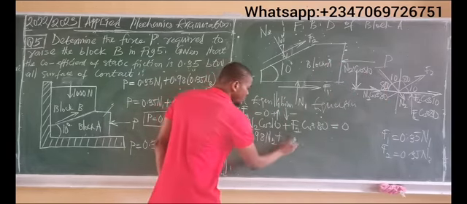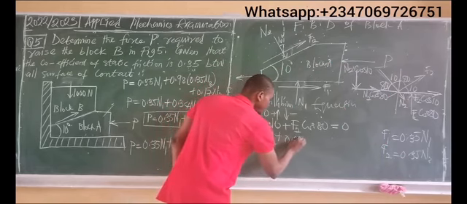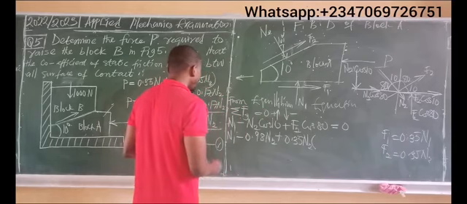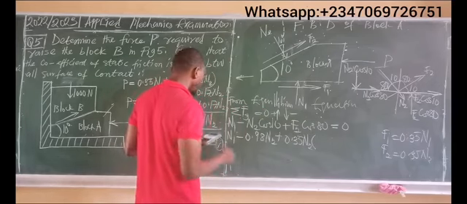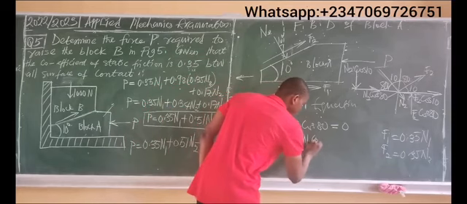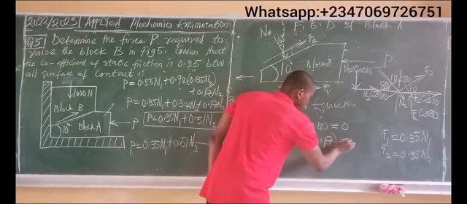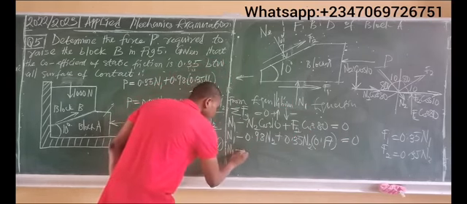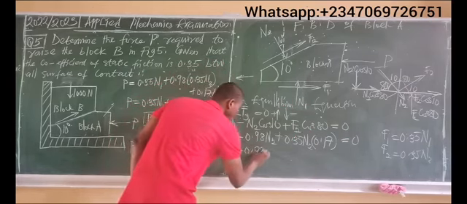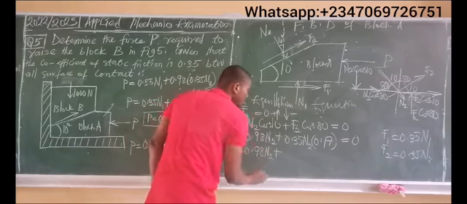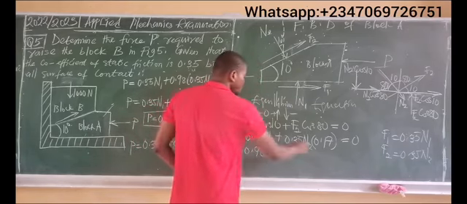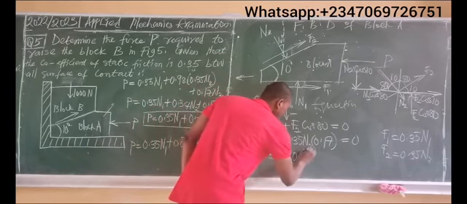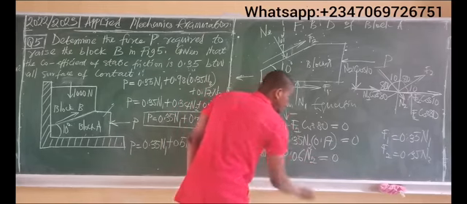So in place of F2 here, you have 0.35 N2 multiplied by cos 80, and cos 80 gave us 0.17. The whole of this is equal to 0. So N1 minus 0.98 N2 plus, now let's obtain 0.35 multiplied by 0.17, that gives us 0.06 N2, and this is equal to 0.